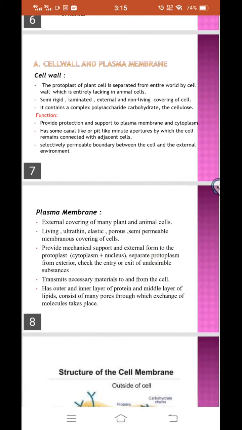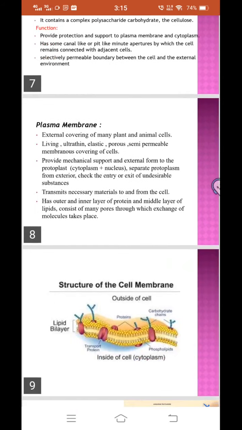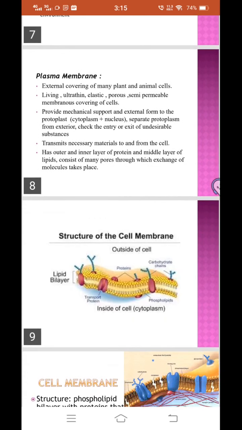Now after the cell wall, next is the plasma membrane. In the plant cell, this plasma membrane is present along with the cell wall. But in the animal cell, as I have already said, the cell wall is absent, so this plasma membrane is the external covering of the cell.